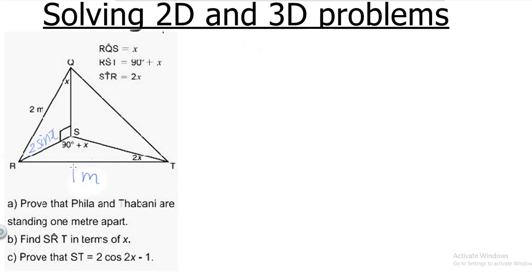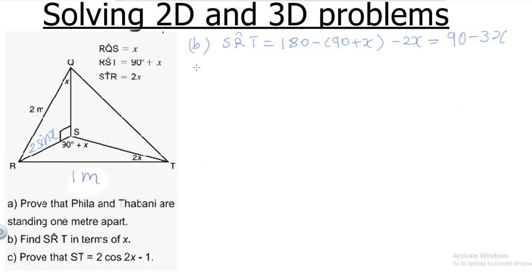So if we have 90 plus x, angle SRT will be equal to 180 minus (90 plus x) minus 2x. So this will give us 90 minus 3x, okay? Because negative and negative, we get that.